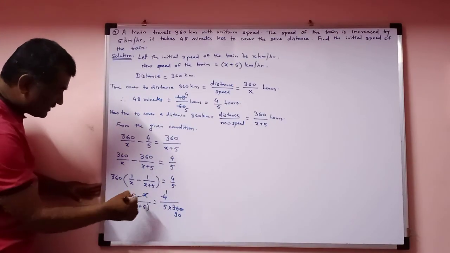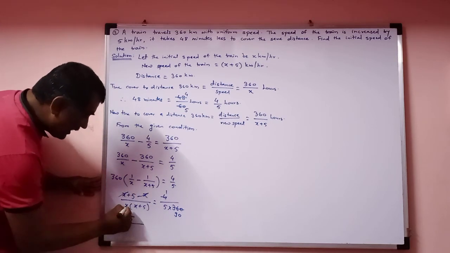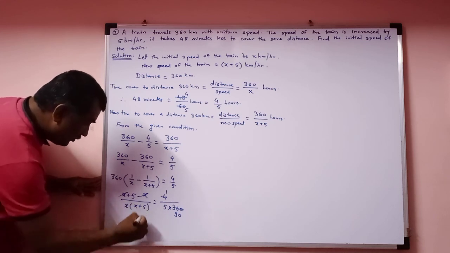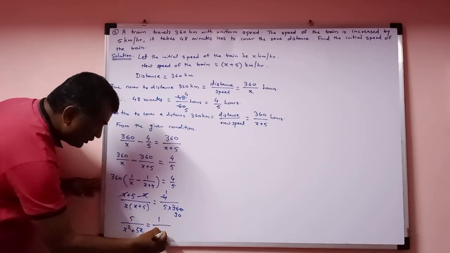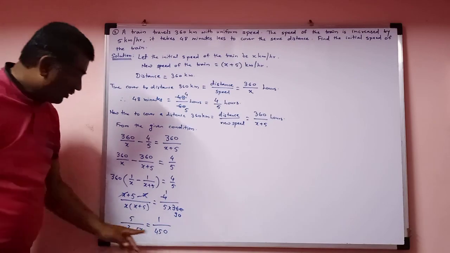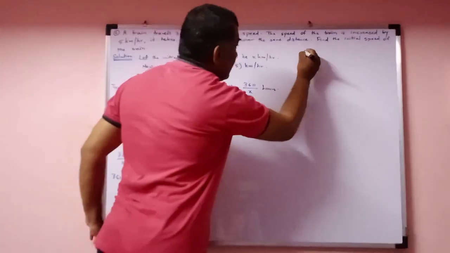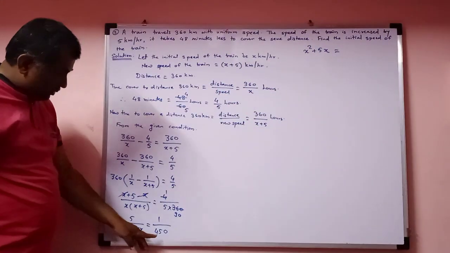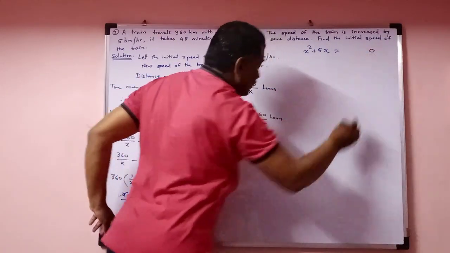Cross multiplication. x square plus 5x is equal to 450 into 5. 5 zeros are 0.